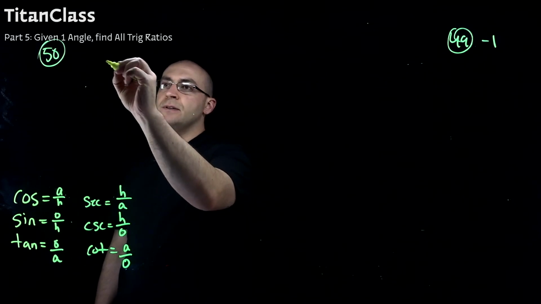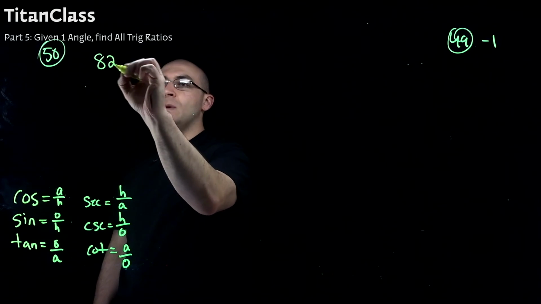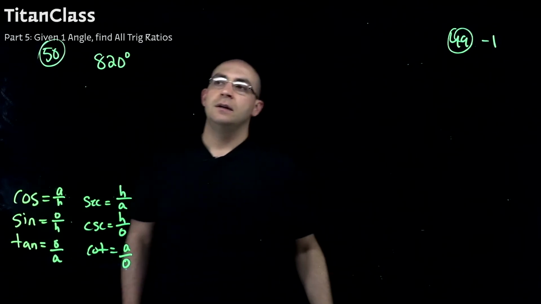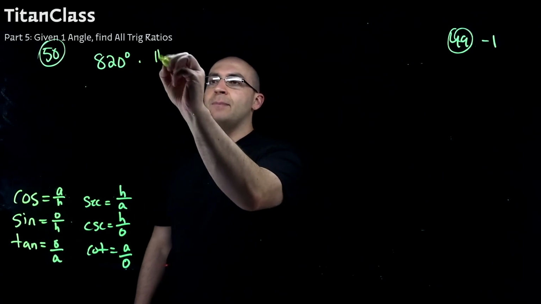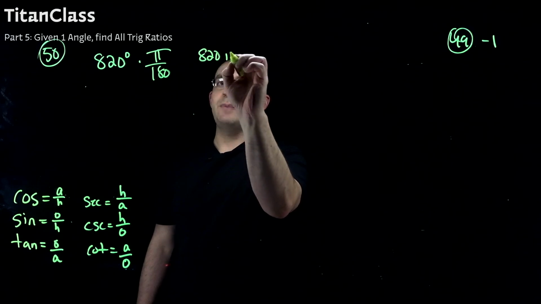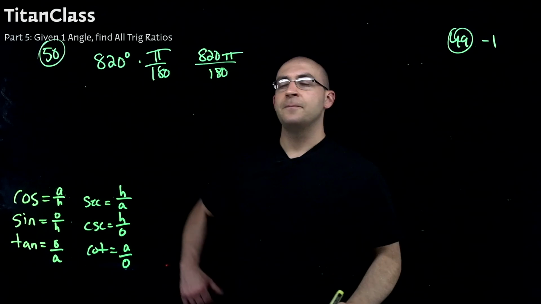Let's convert 820 degrees to radians. That sounds like fun. So what I'm going to do here is multiply by pi over 180 to get it to radians. This is going to be 820 pi over 180. Okay, now this is a mess, so let's just try it together.